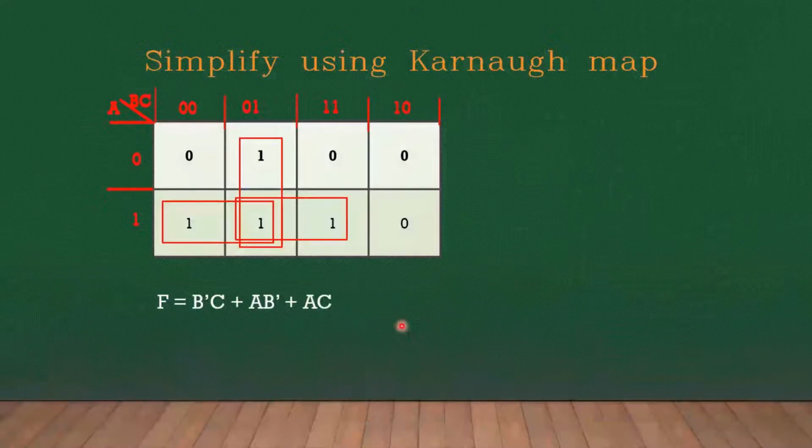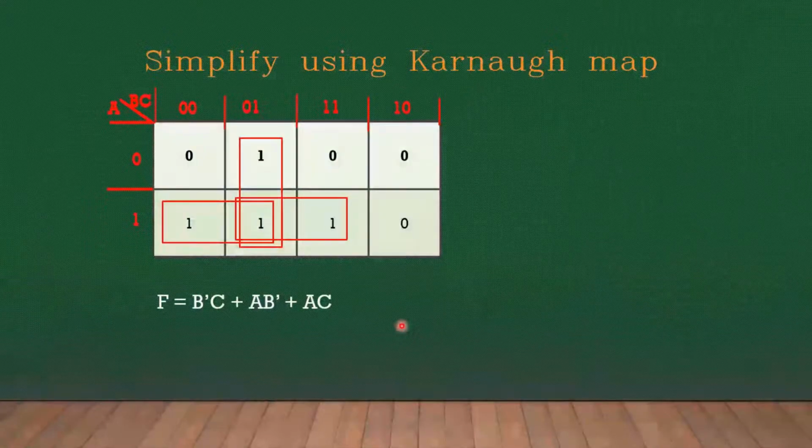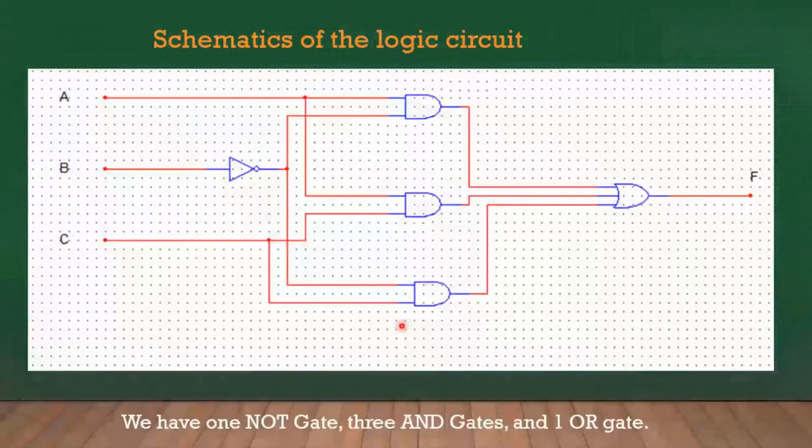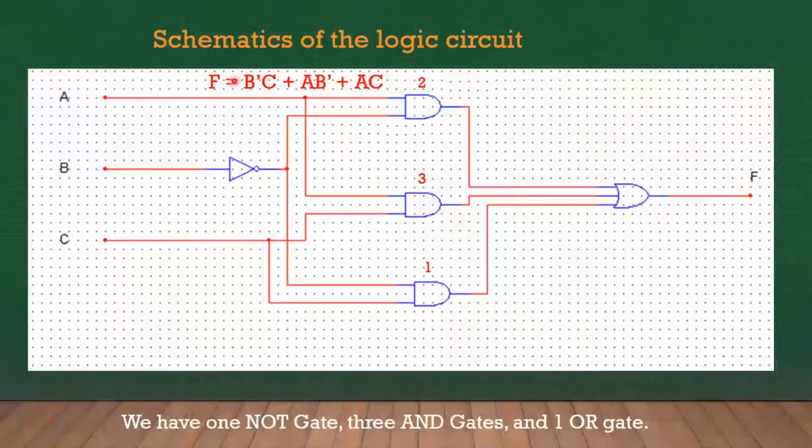Okay, so now let us do the schematic from this expression as we did before. It's a similar thing. For this expression, which we simplified using the K-map, this is gate 1, this is gate 2, this is gate 3. For gate 1, we have B naught and C as input.